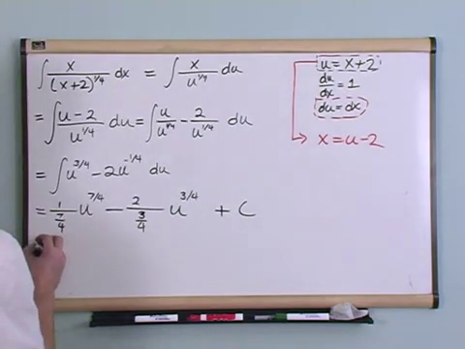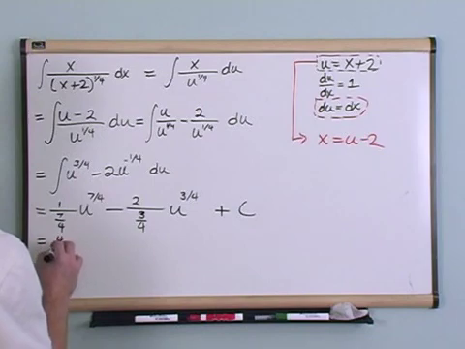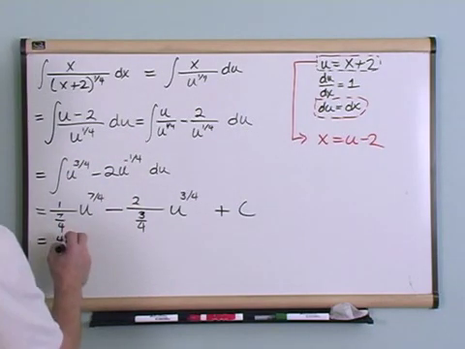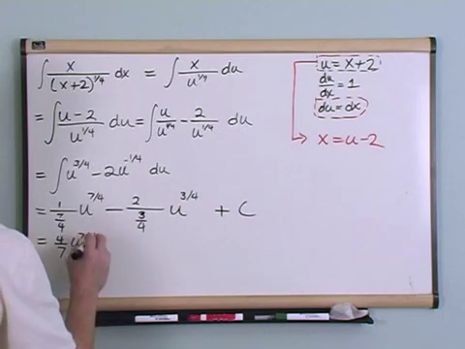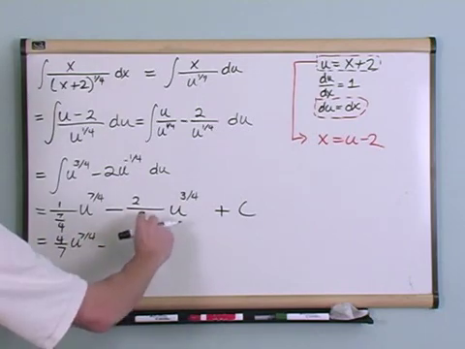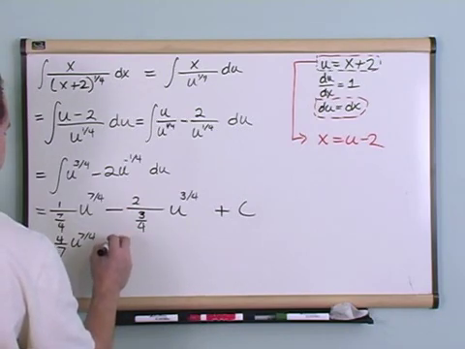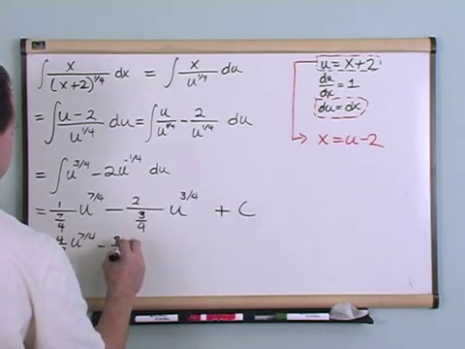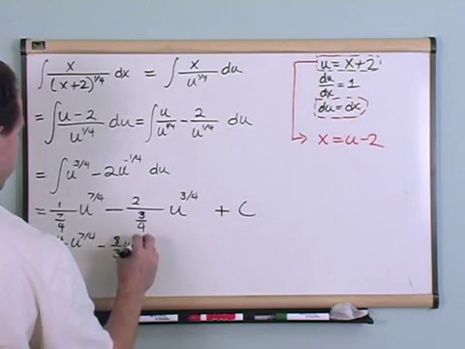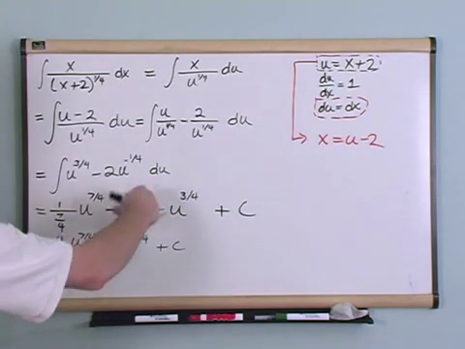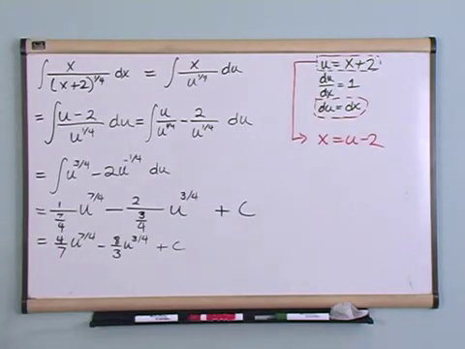Just taking it one step further, you're going to have 4/7, because you just flip it over. 1 over a fraction, you flip it over. u to the 7/4 minus, and then when you flip this over and multiply, you're going to have 2 times 4 is 8/3 u to the 3/4 plus a constant. If you're having problems manipulating these fractions, go pick up my video on fractions.